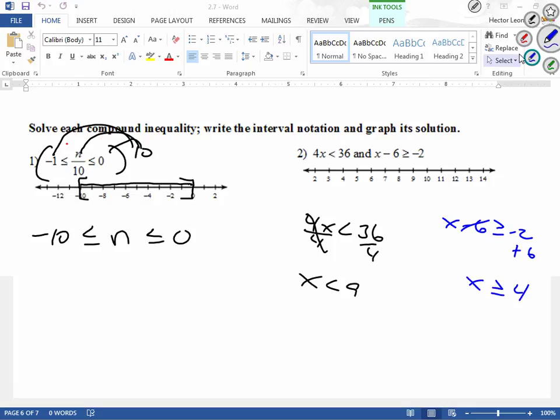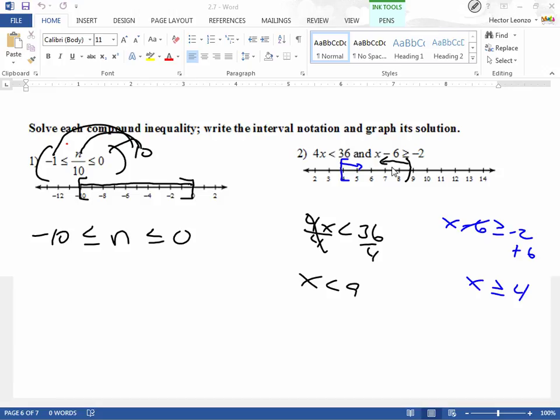My first inequality, it's a parentheses, it's a 9, going towards the left. My other one, it's a bracket, 4, going towards the right.